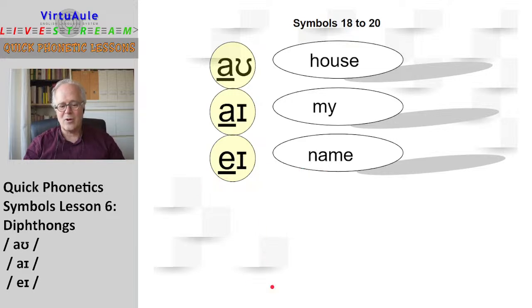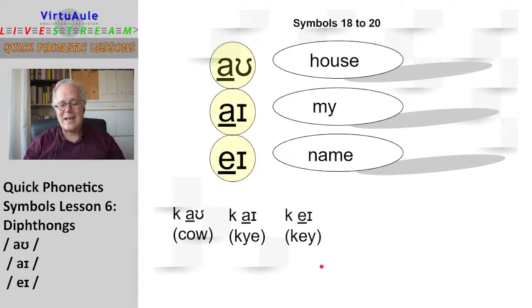Okay, let's look at some words like this. Cow. Repeat. Cow. Kai. Repeat. Key. Sorry, that's a mistake.